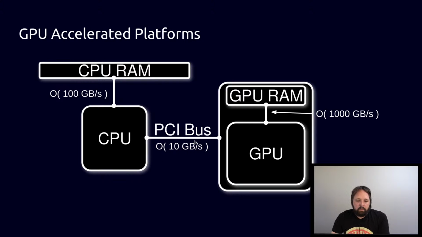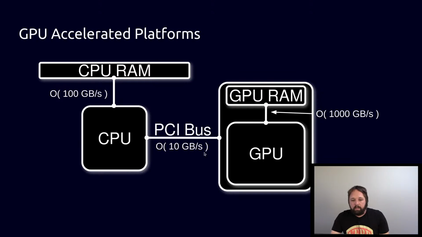Now on that PCIe switch, the bandwidth between CPU and GPU, you can expect at least going one direction, so either copying from CPU to GPU, or the other direction, is order 10 gigs per second with PCIe 3. With PCIe 4, we're getting more into like 32 gigs per second, but generally order of magnitude about 10 gigs per second.